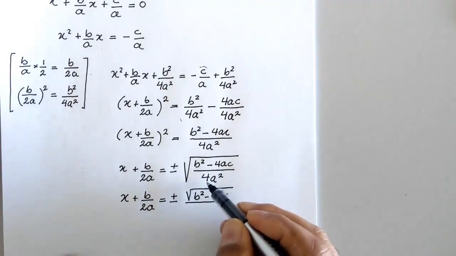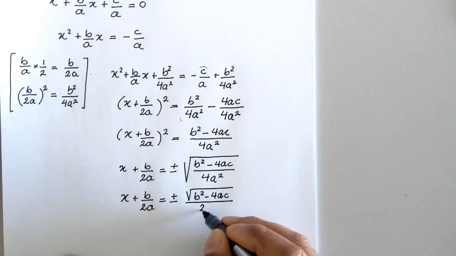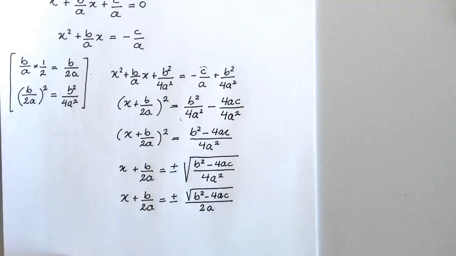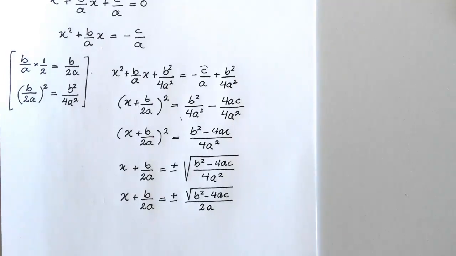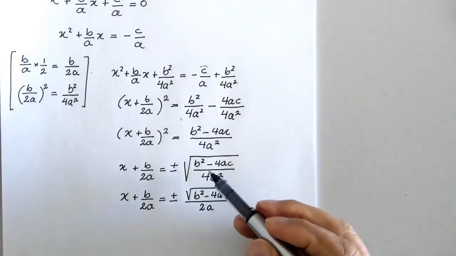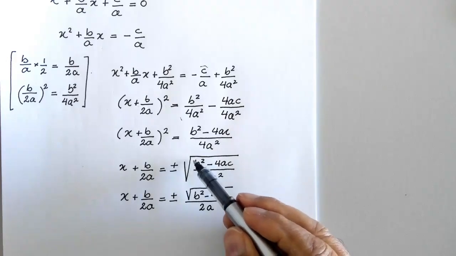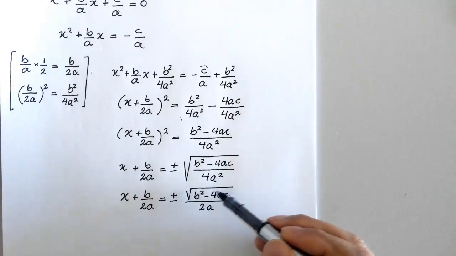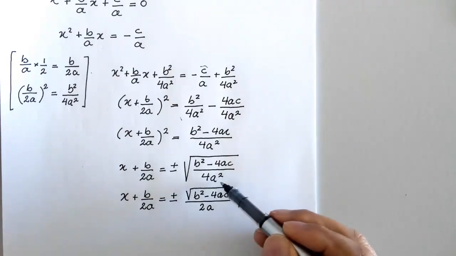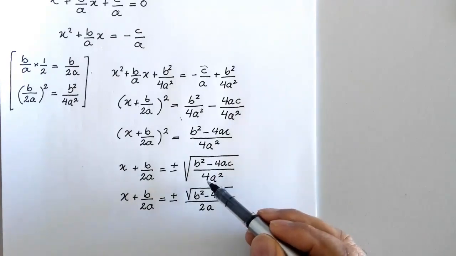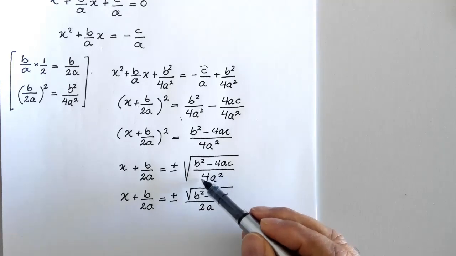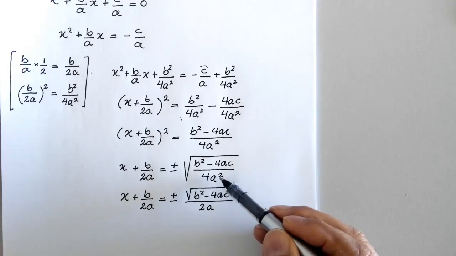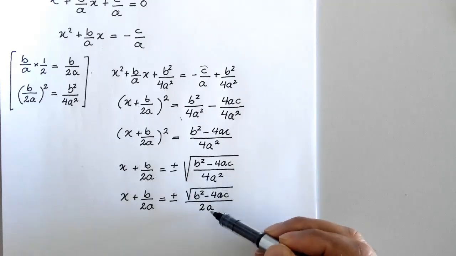The square root of 4 is 2, and the square root of a squared is just a.